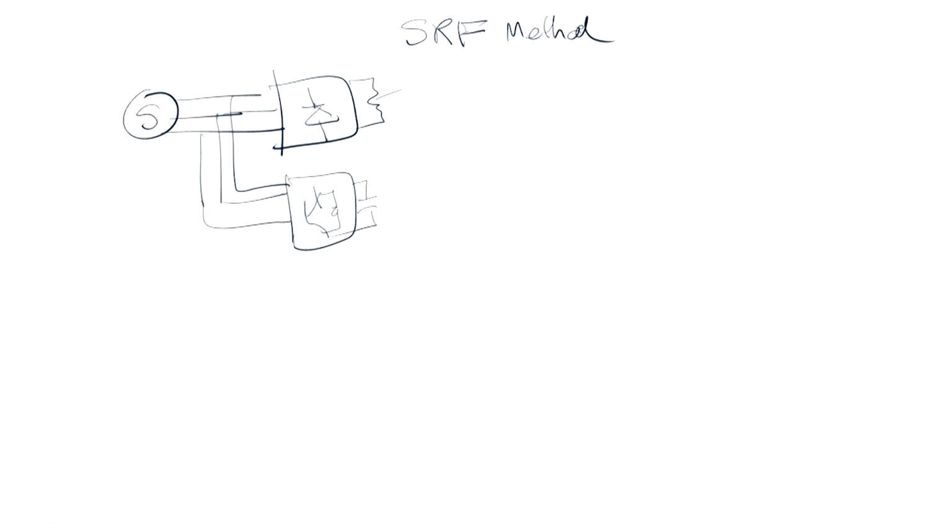In the SRF method, this is derived from the vector control. You will be sensing again the load current IL. So, you have this two block, we have seen the alpha beta frame.